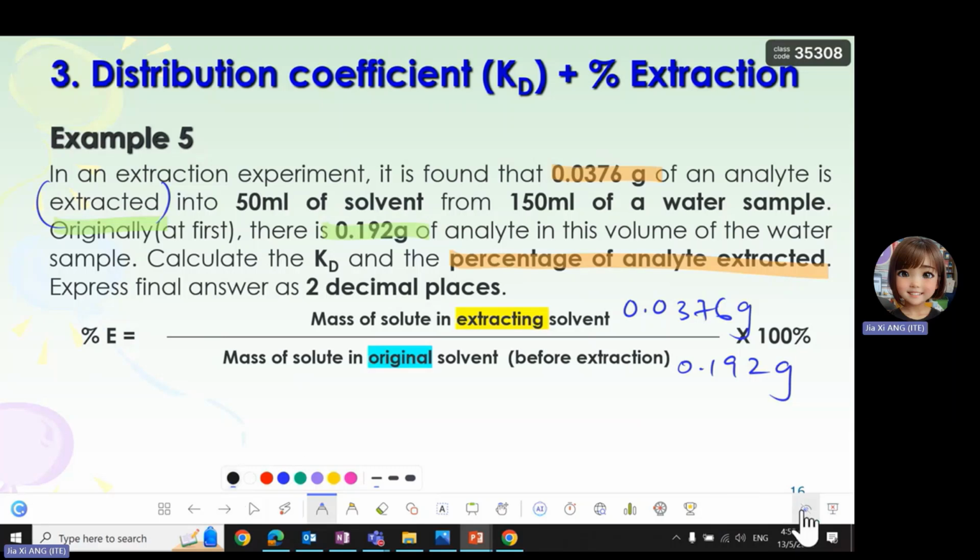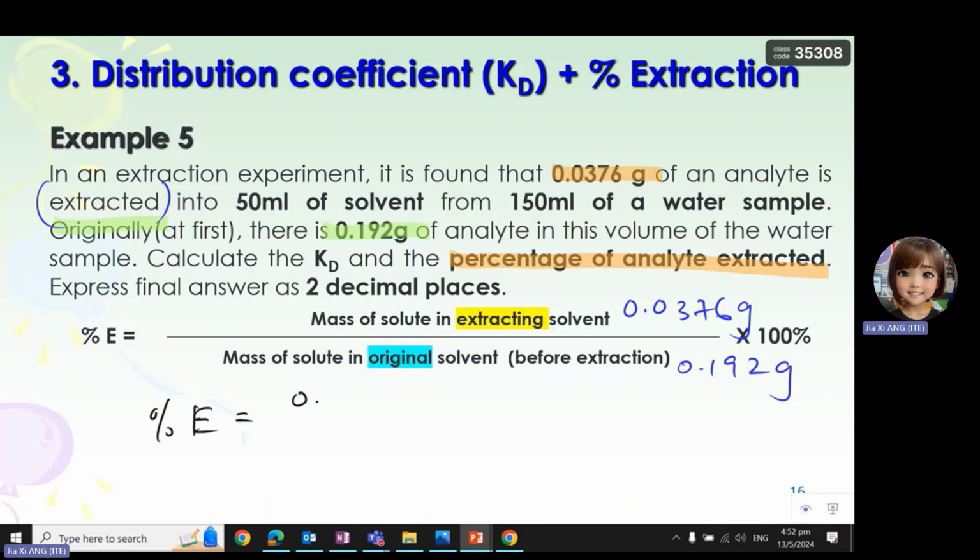So let's rewrite this whole equation. Percentage extraction equals the amount being extracted, in this case 0.0376, divided by the mass of solute in the original solvent. So for this part, we need to substitute the value before extraction because we want to know the total amount of solute before extraction. In the previous question, when you find the KD, it is after extraction, so you need to minus.